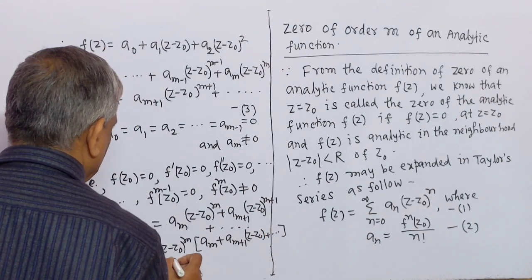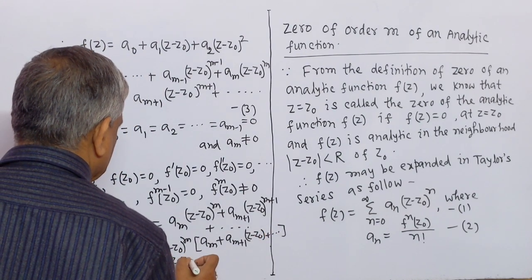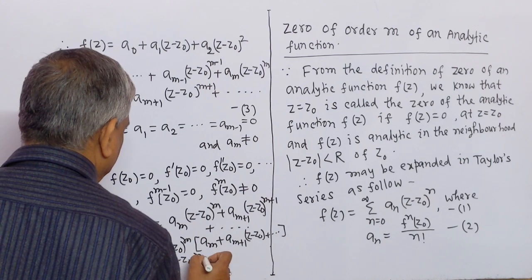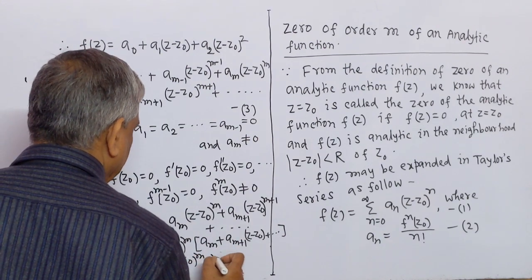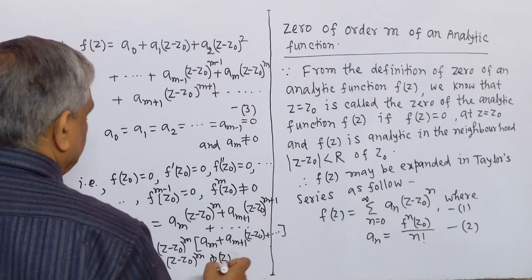This is equal to (z minus z naught) whole to the power m times phi(z). Let this be number 4.